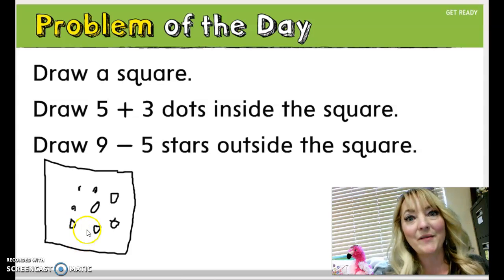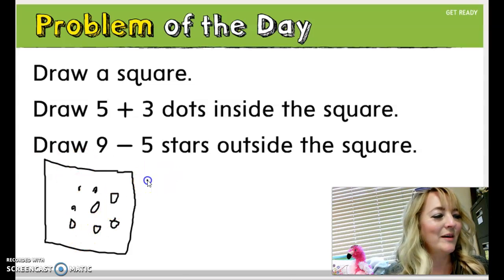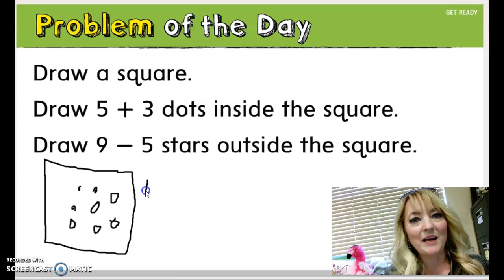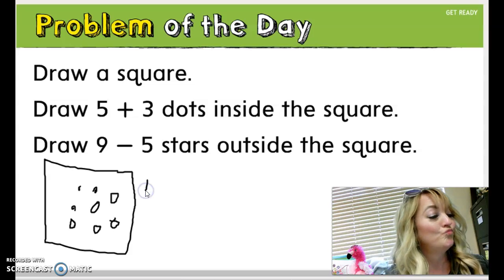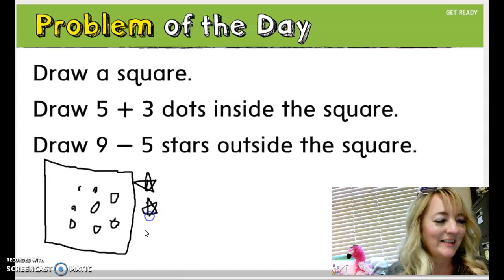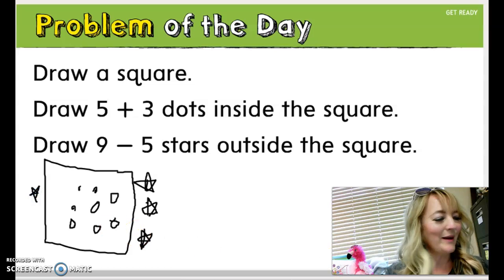So we have 8 dots inside the square, and then 9 minus 5 stars outside the square. So 9 minus 5 is 4. So 1. Ooh, that's tricky. 2, 3. Let's put one on this side, so it's not 4. There we go. All right, let's go on to the next slide.